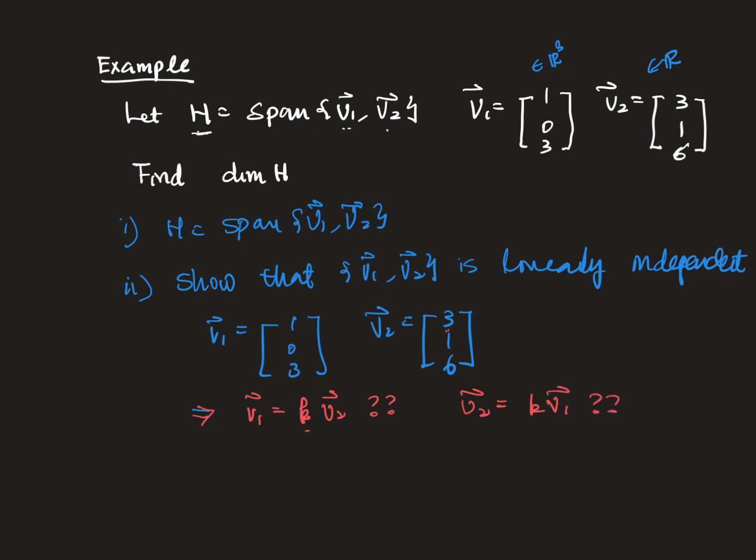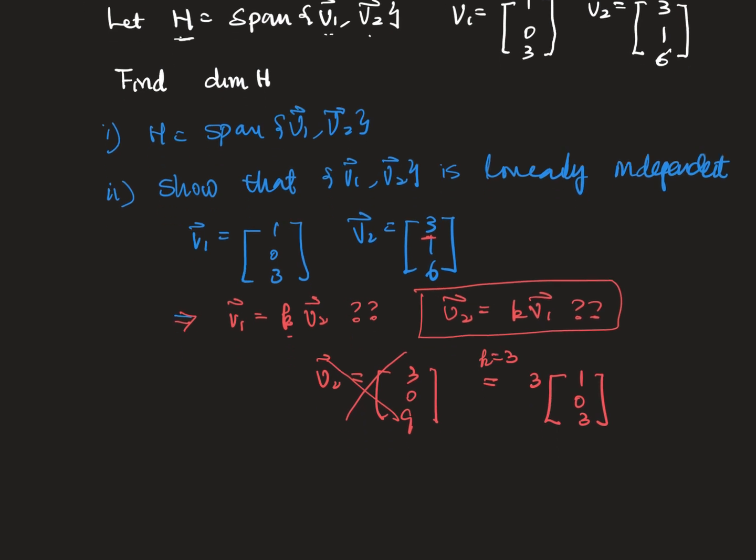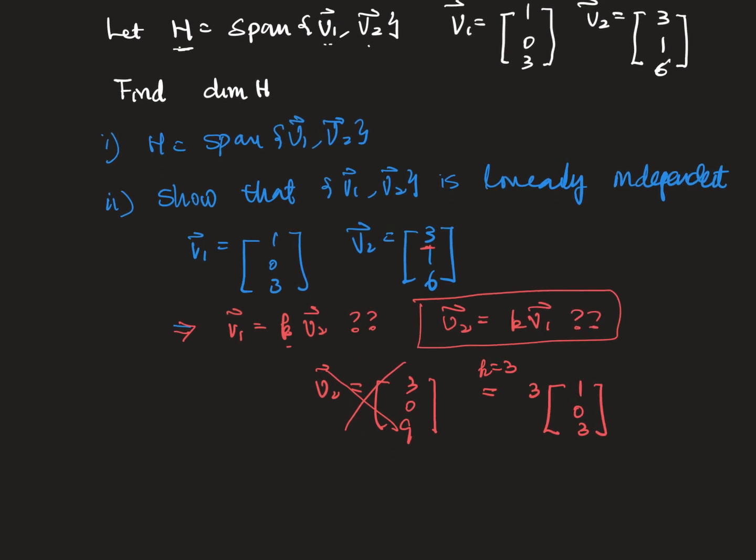The first entry: V2 has 3 where V1 has 1, so K is 3. Then what happens? With K equal to 3, look at this one: (1, 0, 3) times 3 gives (3, 0, 9). Is this V2? No, no. So you cannot write V2 as a multiple of V1, which means V1 and V2 are linearly independent.